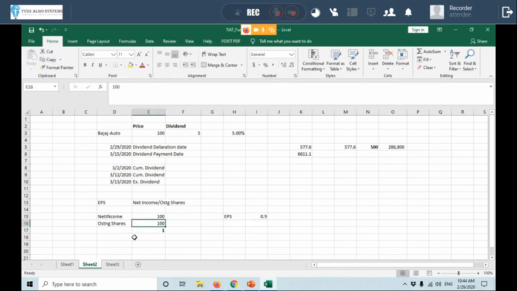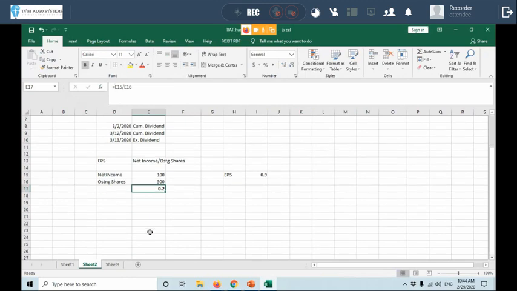But now since there is a stock split and this company's outstanding shares have increased, my new EPS is 0.2. Now if you see, the EPS of Bajaj Auto is 0.2 and the EPS of Hero Honda is 0.9. So you will conclude that the EPS of Hero Honda is good.